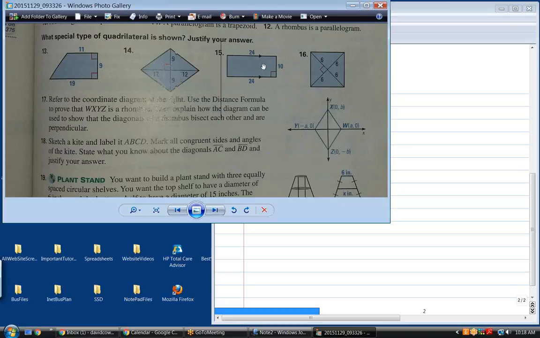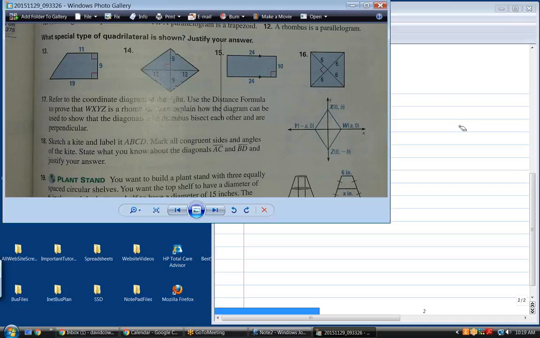What's this? That'd be a rectangle. Yeah, I guess it does have to be a rectangle. 16. That'd be a square.